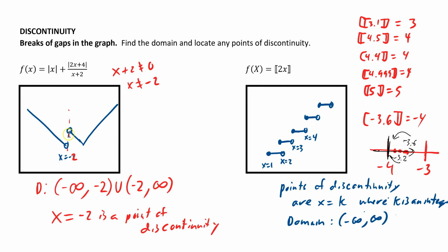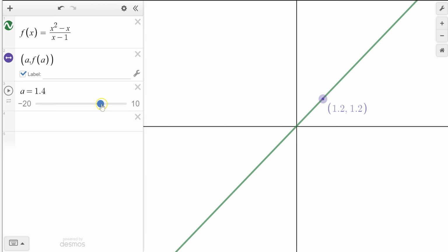And breaks in graphs are points of discontinuity if you have to pick up your pencil. So even a point like this, in order for me to get from this side to that side, I have to pick up my pencil. If I was actually drafting this and there's a hole there, I would have to pick up my pencil and then continue from there. So if we had this situation, we know that x cannot be 1 as our domain.